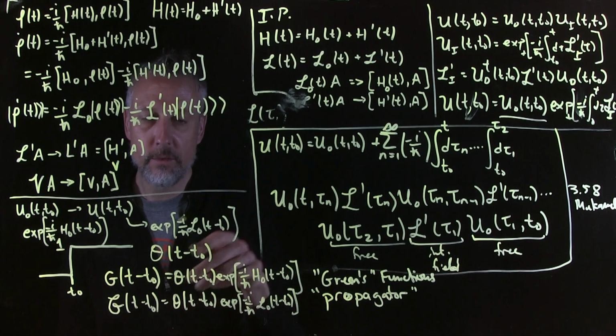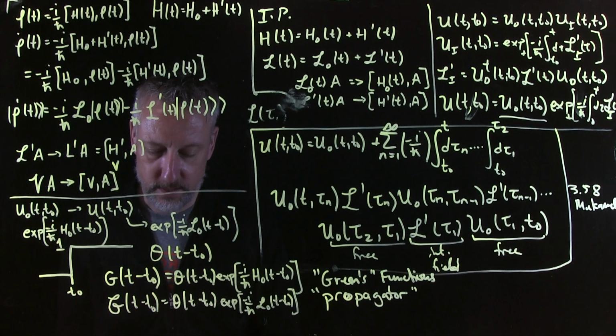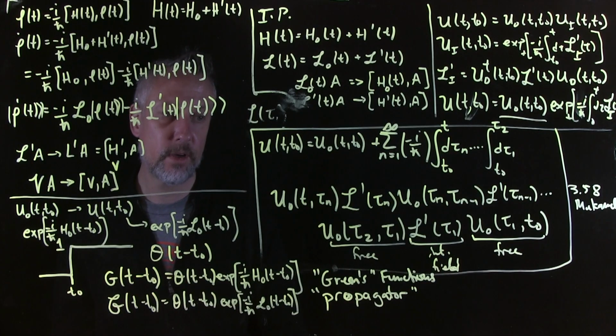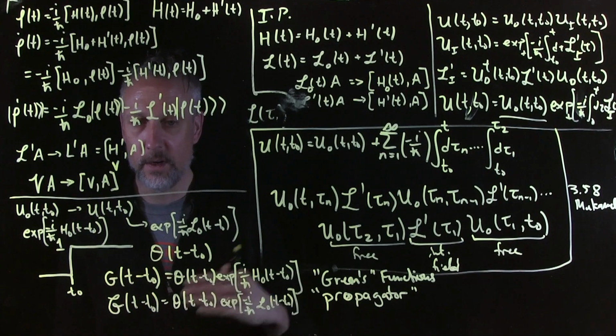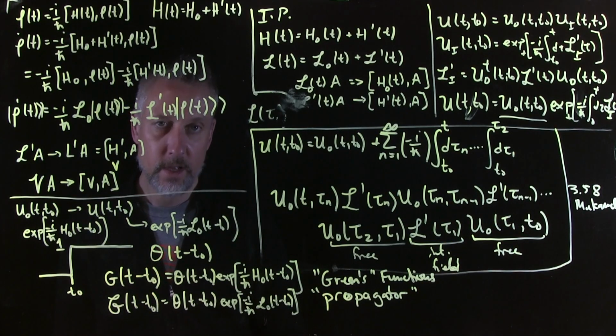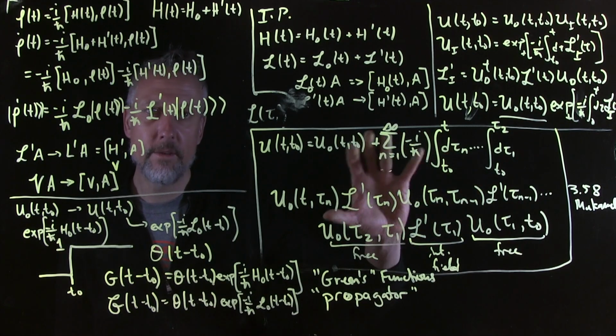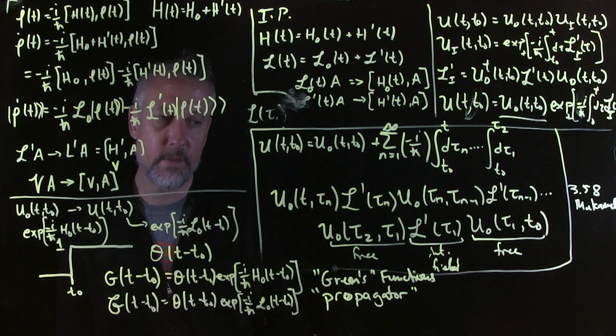So we can rewrite all of our equations using Green's functions instead of these U's. We'll do that just because that's the way the Mukamel textbook does it, and you'll see other textbooks that do it too. You can always go back to this. There's nothing wrong about this. It's just a different terminology. There are a few reasons why it's nice to use Green's functions, particularly if you are interested in switching between the time domain and the frequency domain.